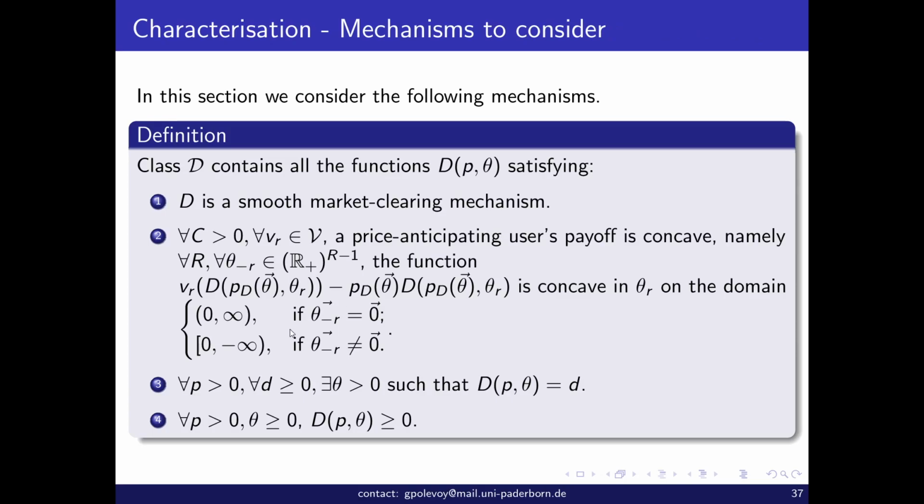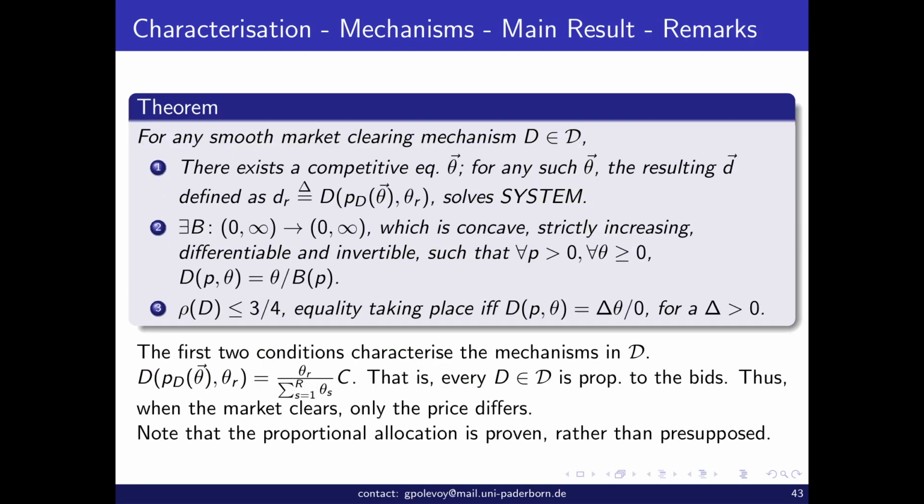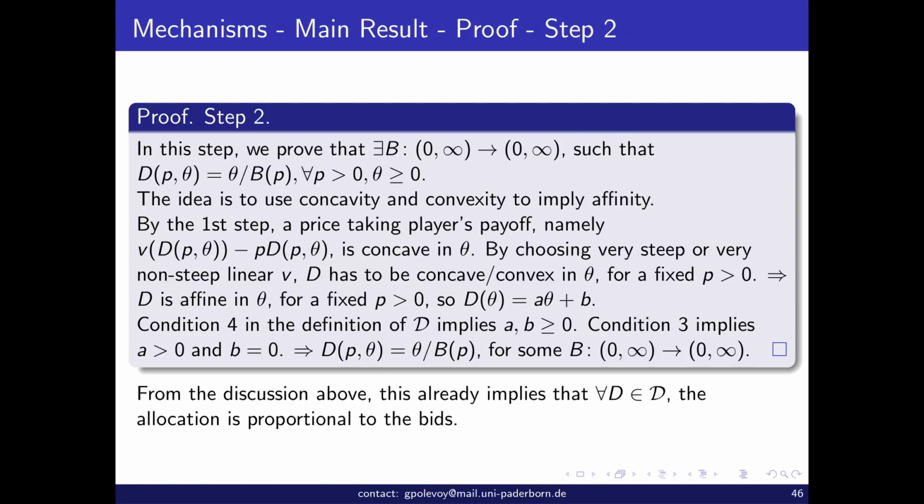Yes, this class contains all the smooth market clearing mechanisms, where 3 is the condition that you can get anything you want, and 4 is the condition of non-negativity. Non-negative. Good. So eventually we get that A is positive, B is 0.